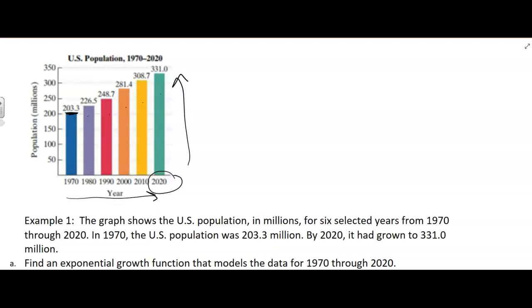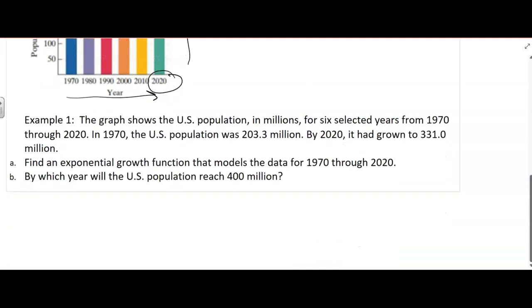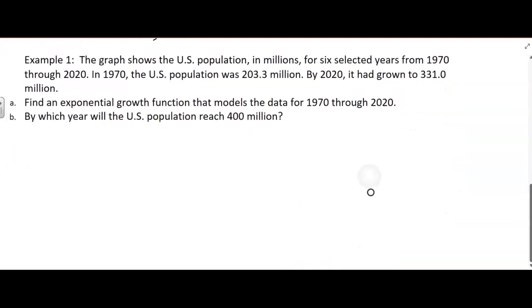Then in 2020, it was 331.0 million. The graph shows the US population in millions for 6 selected years from 1970 through 2020. In 1970, the population was 203.3 million. By 2020, it had grown to 331 million. Find an exponential growth function that models the data for 1970 through 2020.